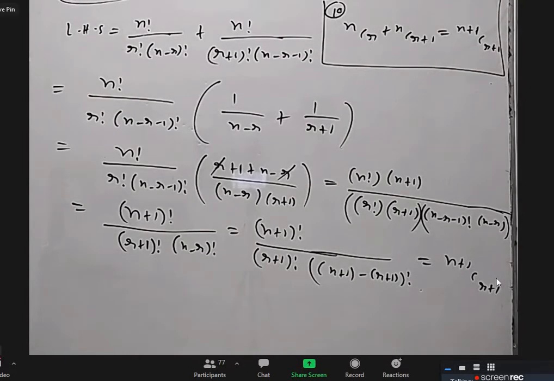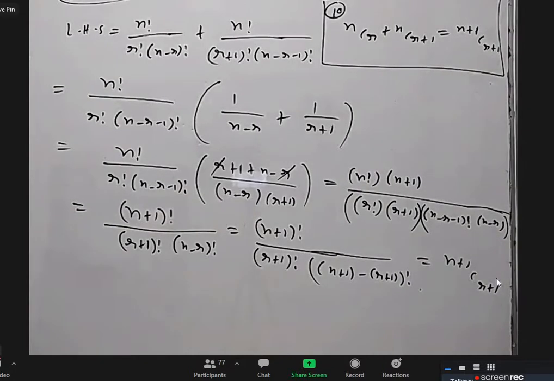Samskriti Rao completed this 10th one. Lochan Srivastav, yes, sir, completed.